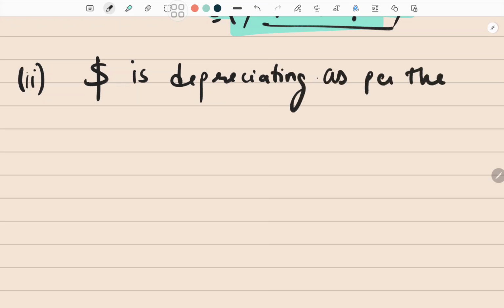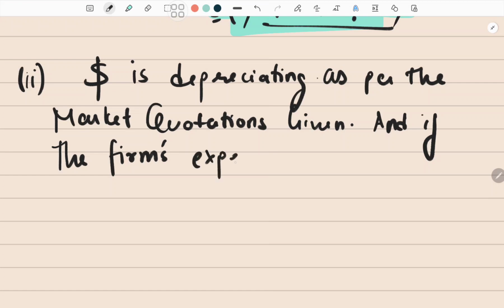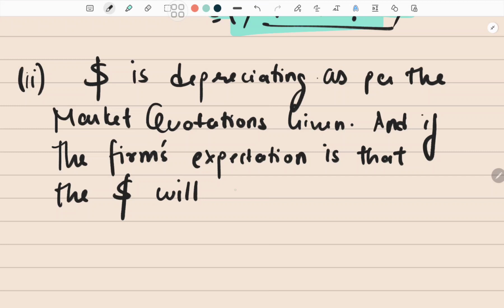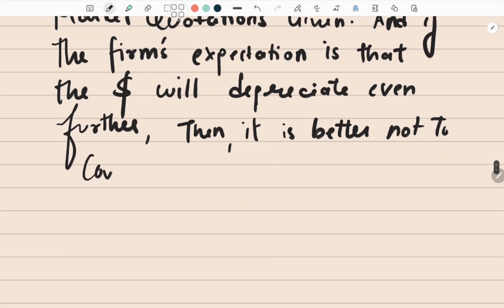And if the firm's or the organization's expectation is that the dollar will depreciate even further, if the firm anticipates this, then it is better not to cover the transaction.